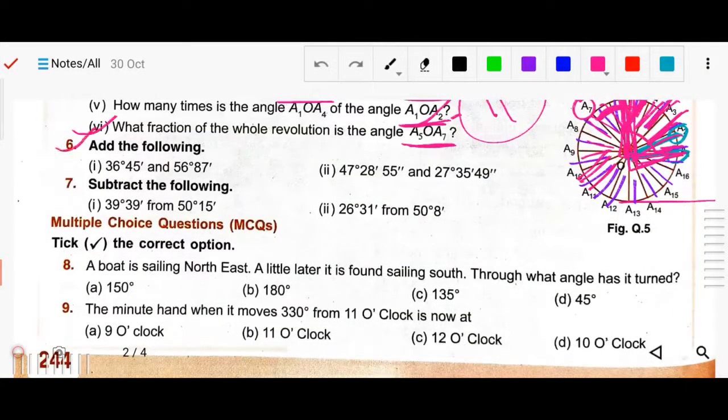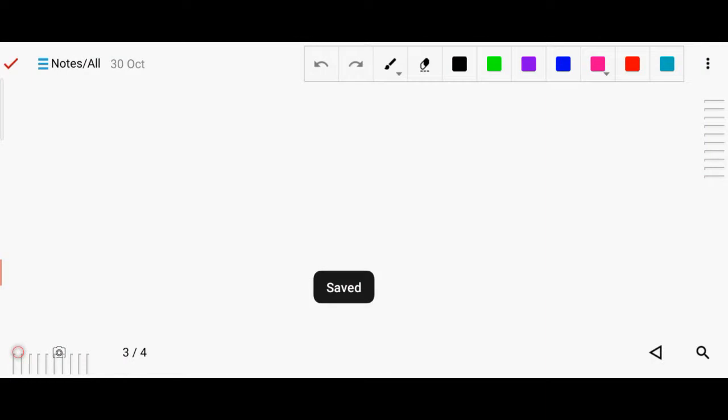Now you can see question number 6, add the following. Here I will solve question number 2: 47 degrees 28 minutes 55 seconds and 27 degrees 35 minutes 49 seconds. How will you add? I think you have already studied in class 5 how to add it. First of all, write a table.